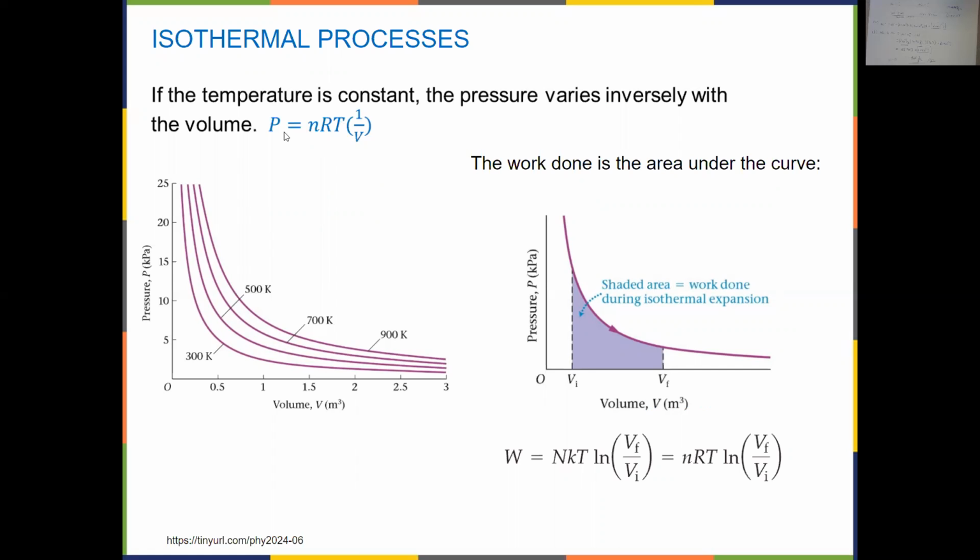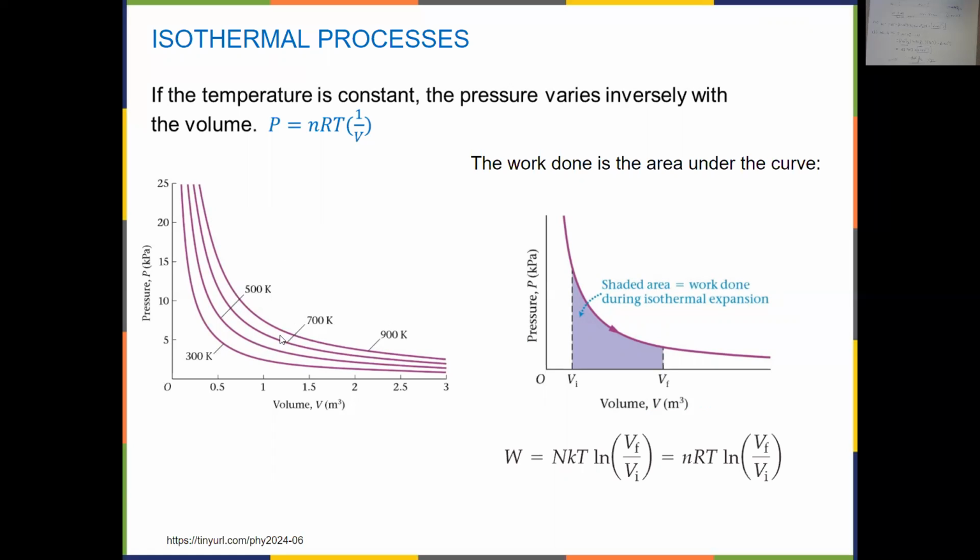In that process, P is inversely proportional to V. If you plot P versus V, that's called the PV diagram. At different temperatures, you are going to see hyperbolic curves. This is the 900 K curve, this is 700, this is 500, 300, but they are all similar curves.